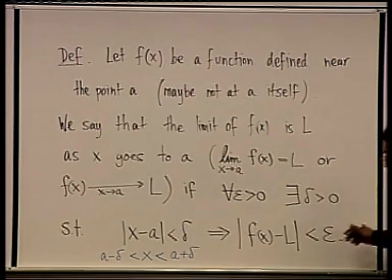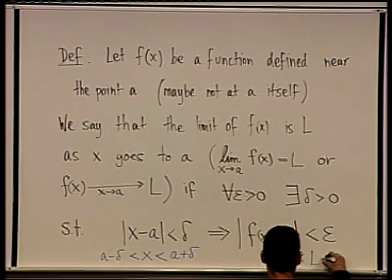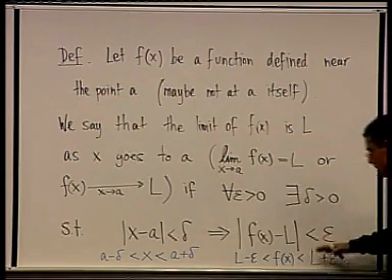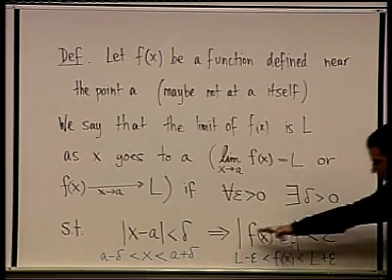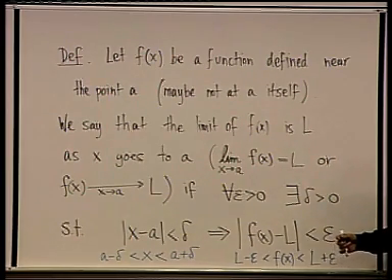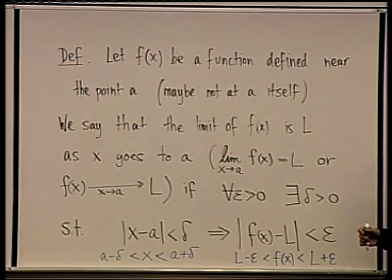Adding L to the inequality, we get f of x is between L plus epsilon and L minus epsilon. So I just replace these statements in blue with something which may be easier to relate to when we go back to the drawing. Okay?